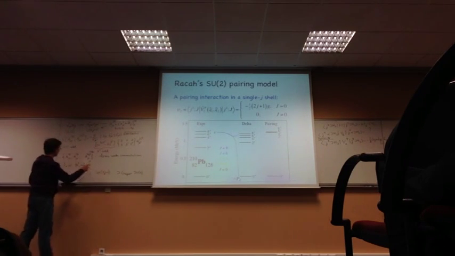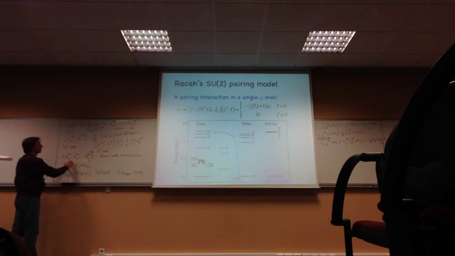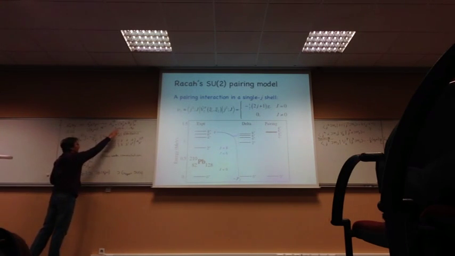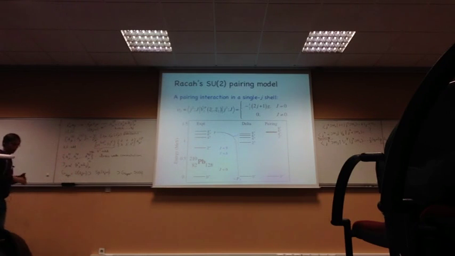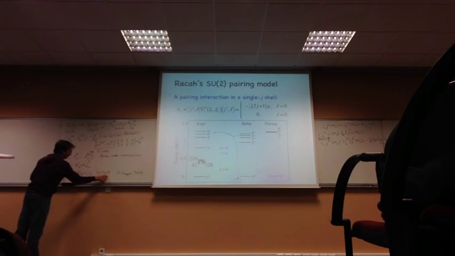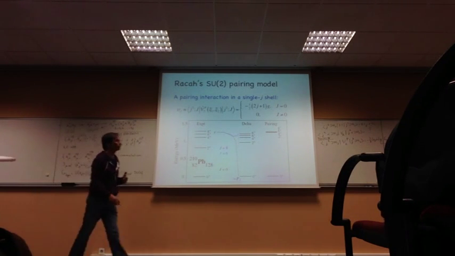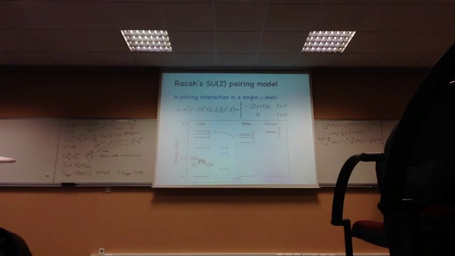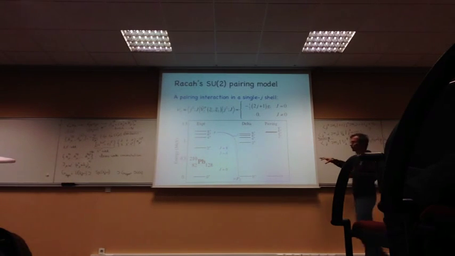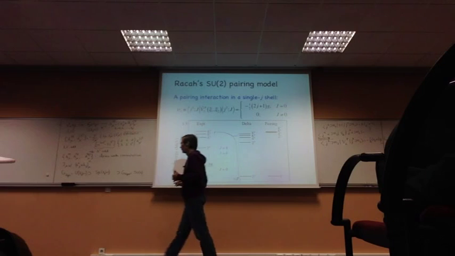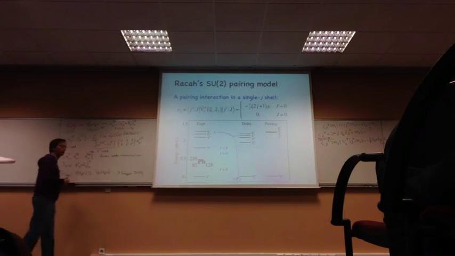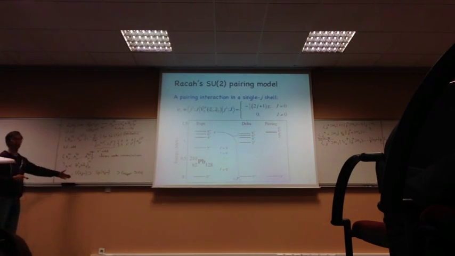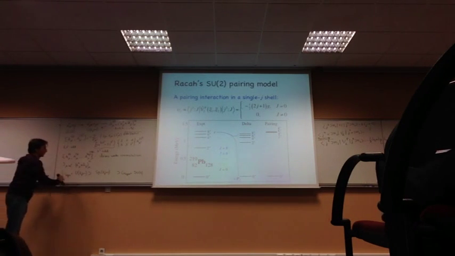The Casimir operator can be expressed in these operators, and this is just A daggers and A tildes, and we can rewrite these Casimir operators in terms of two-body interactions, which I already erased, A dagger, A dagger, A, A. Okay. So this is what we're looking at, because this will be a solvable Hamiltonian.